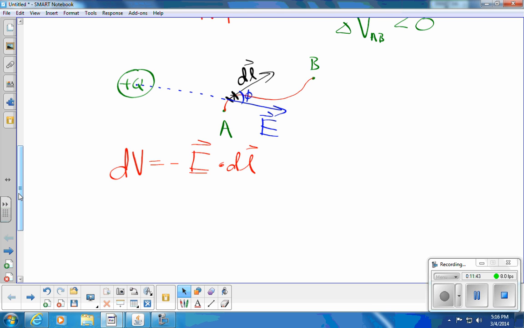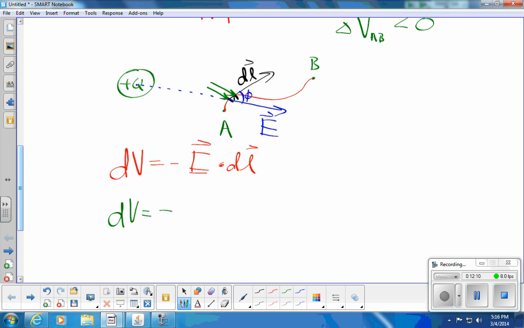So I'm interested in the dot product of those two vectors because the negative of the dot product is equal to the change in potential I experience traveling from this little mini point A to this little mini point B, the beginning to the end of that little tiny step of dl. Okay, what is that dot product? Well, it is negative E dot dl.